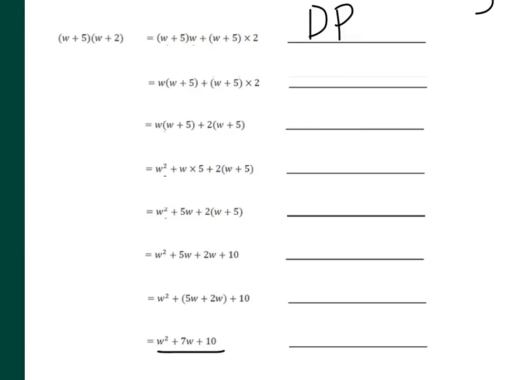W times W is w squared. W times 5 is 5w. 2 times W is 2w, and 5w plus 2w is 7w. And 2 times 5 is 10.